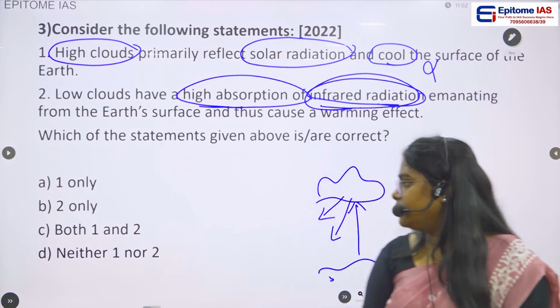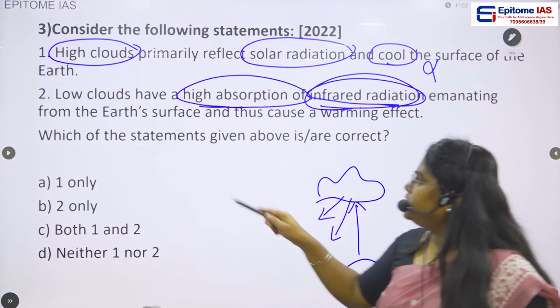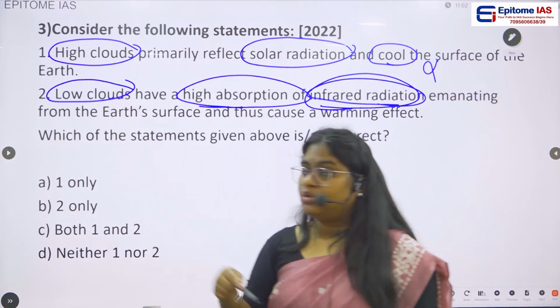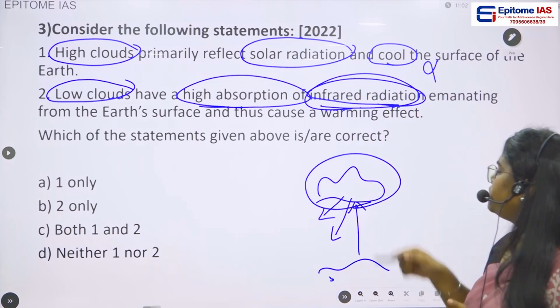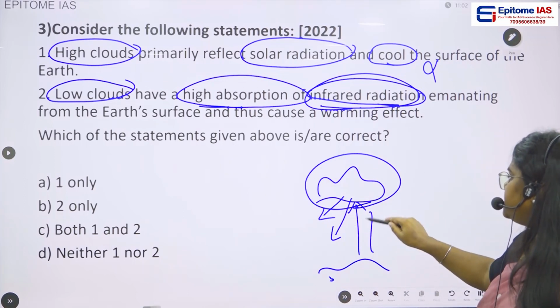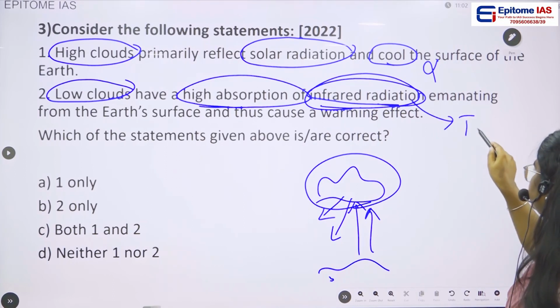But here in the second statement they are talking about the low clouds, saying they have high absorption of infrared radiation, which is nothing but the terrestrial radiation.